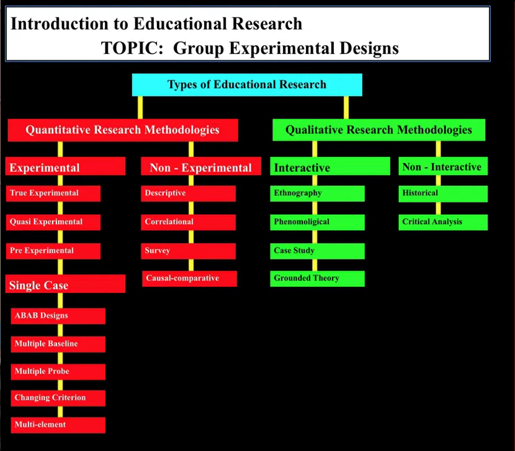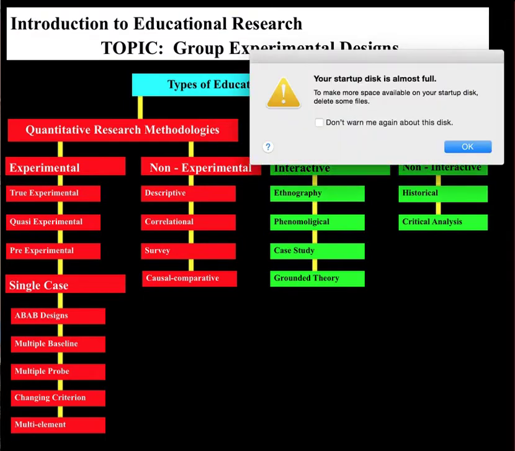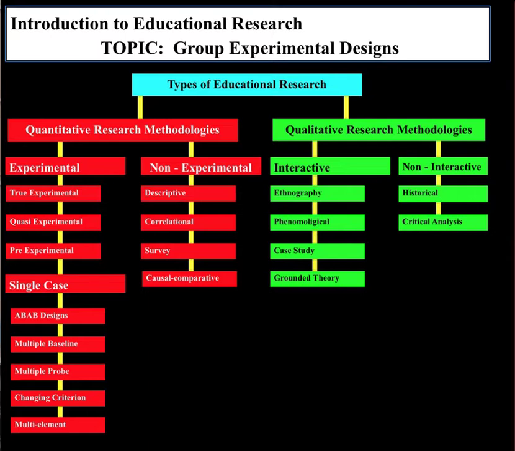So there'll be many factors that you'll have to consider. Different research designs or research plans vary widely in the degree to which they control for various threats to internal and external validity. However, some designs clearly do a better job than others.